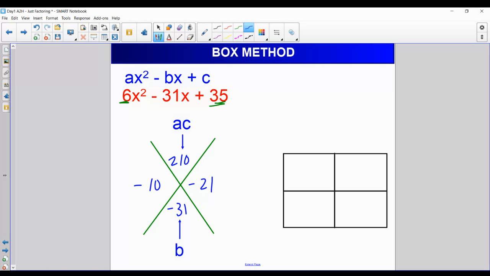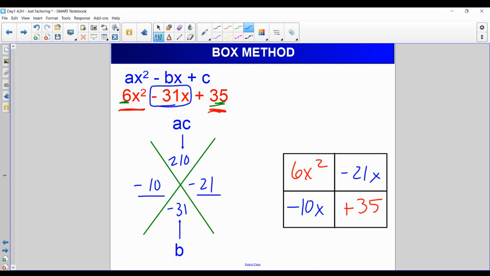So negative 10 and negative 21 multiply to be 210 and add to be negative 31. I'm going to take the terms from the first and the last, right? My x squared term in the top left, my constant term in the bottom right. And then I've broken down this negative 31x into negative 10x and negative 21x, so they both have an x.